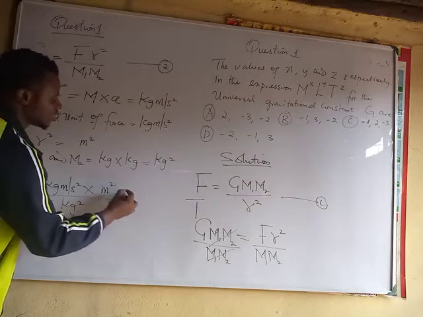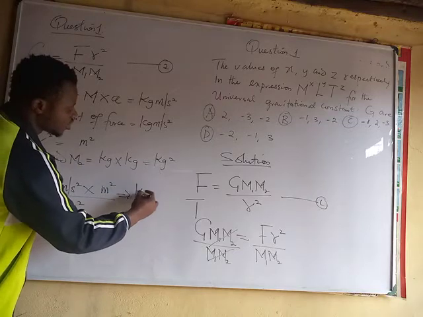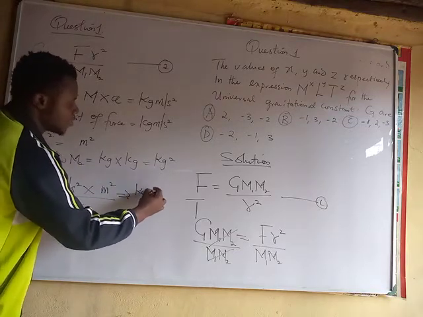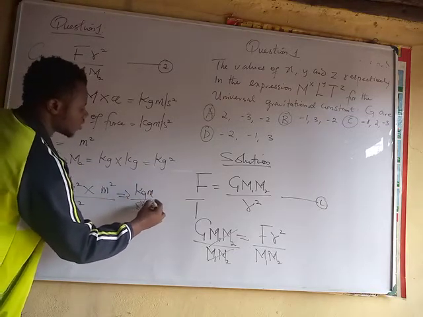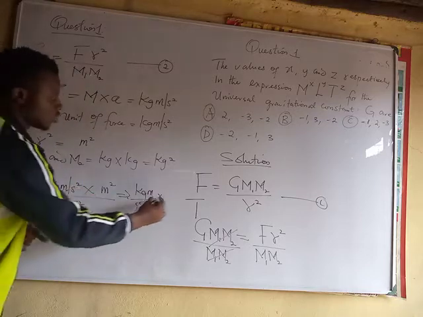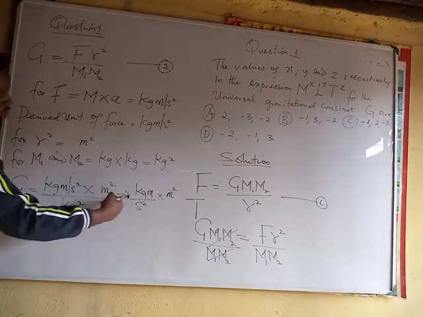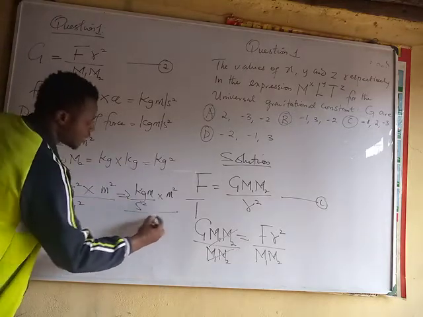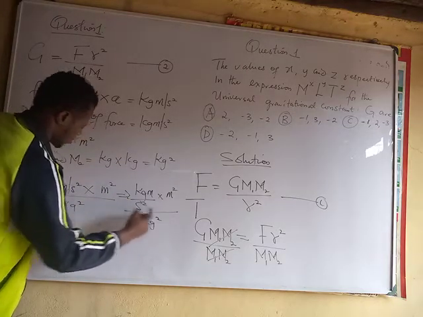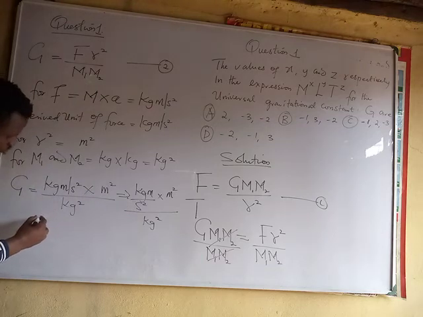Now in this case, let us do a little mathematics here. We have kg meter over second square times meter square, all divided by kg squared down here. So in this case, what can we say?